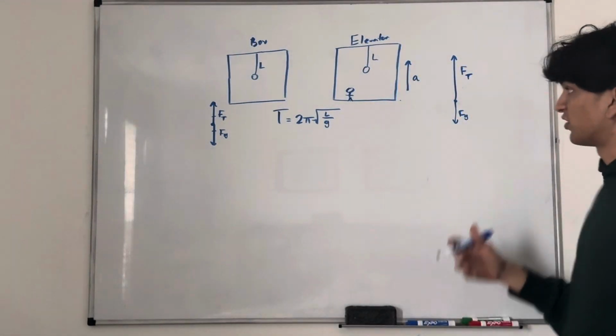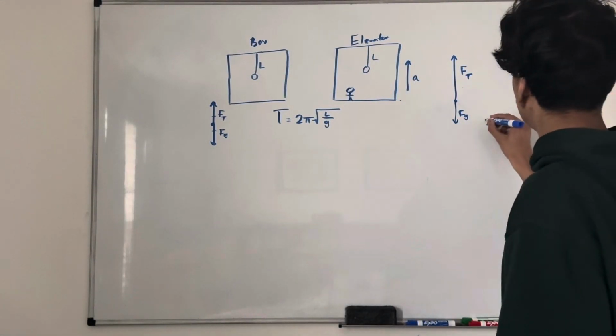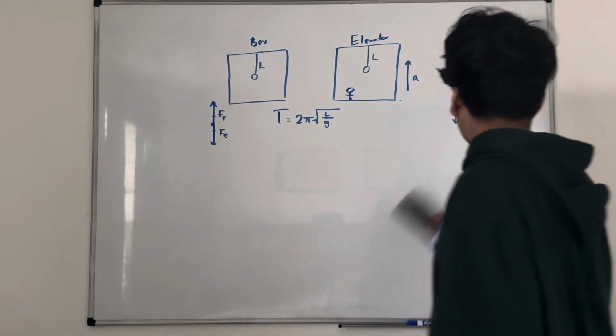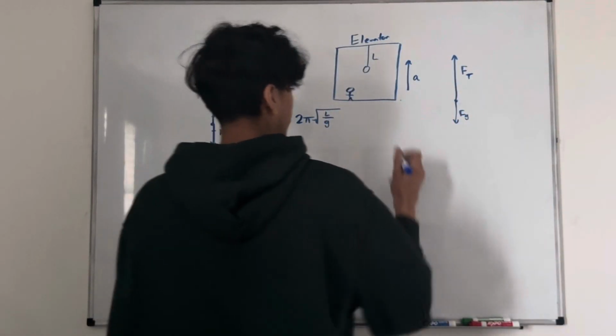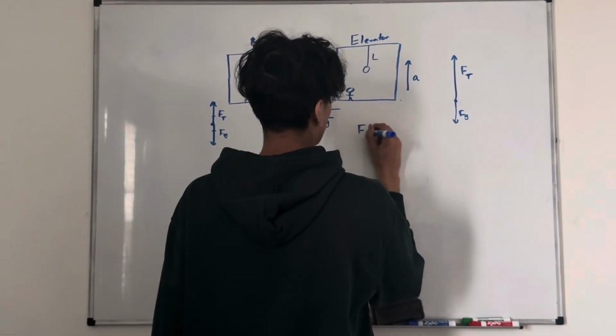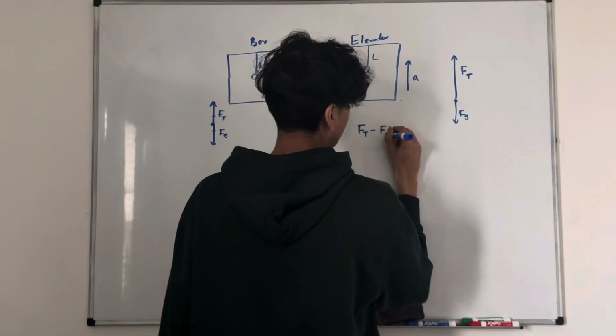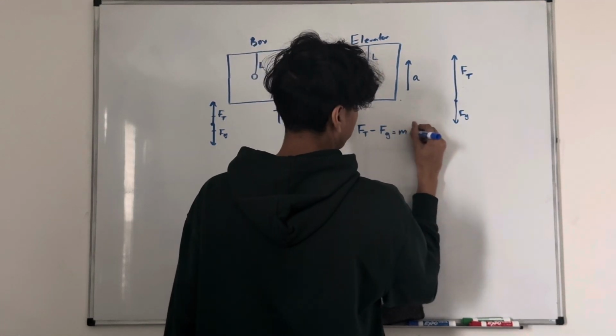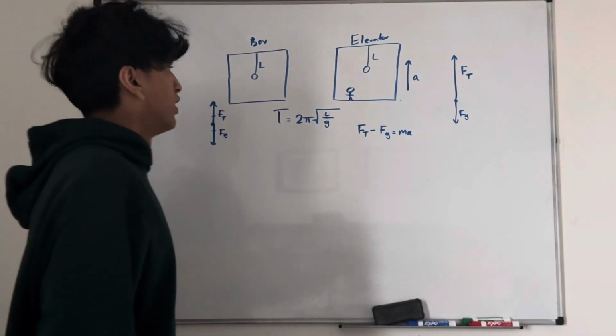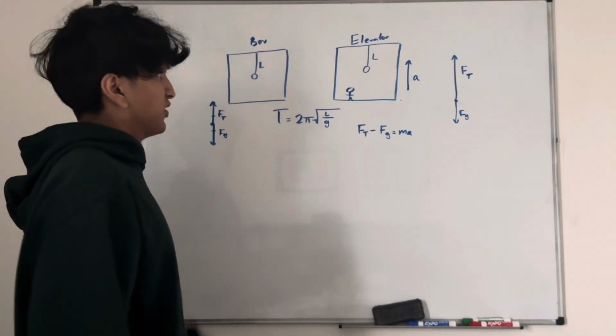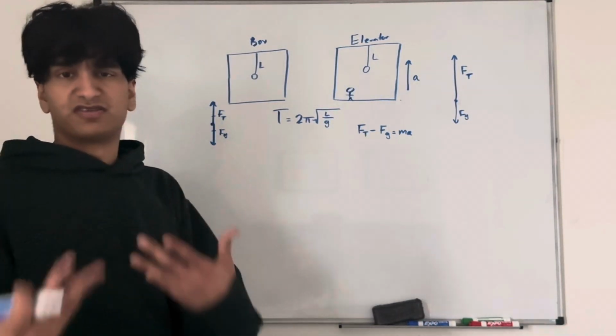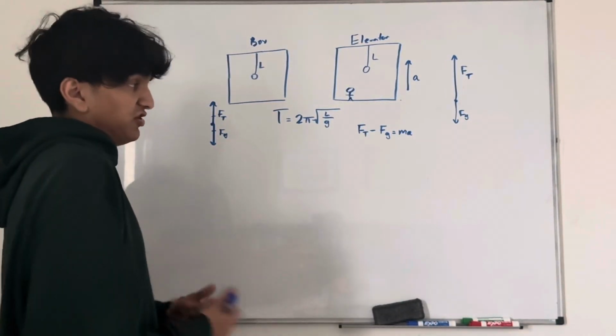FT minus FG equals ma, the acceleration of that pendulum, because the elevator and pendulum accelerate at the same rate, so they share the same acceleration.